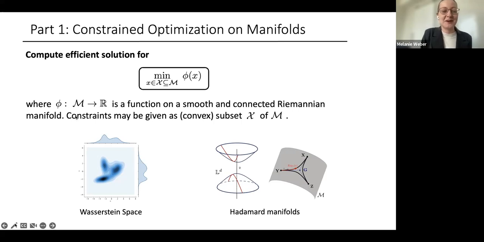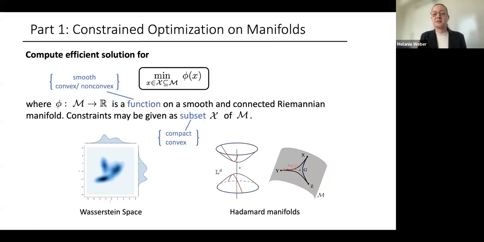So let's say for now M is a Riemannian manifold, and we assume our function to be smooth, but it doesn't have to be necessarily convex. Of course, in the convex setting, we have good properties, but a lot of the algorithms that we will see can also work in the non-convex setting, just with less good convergence guarantees.